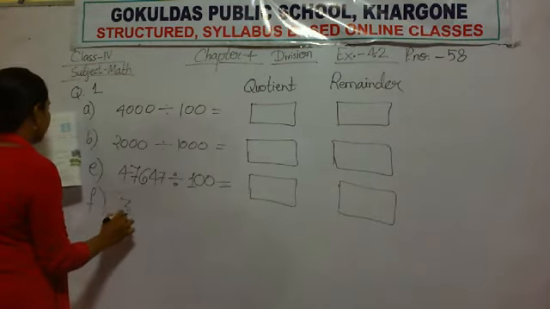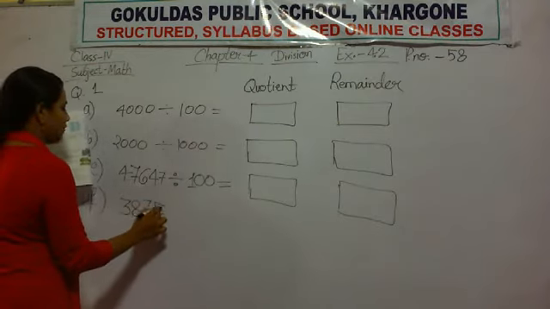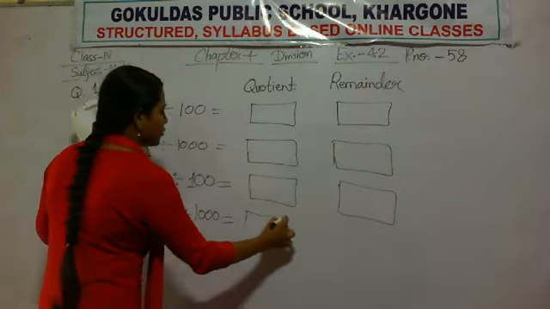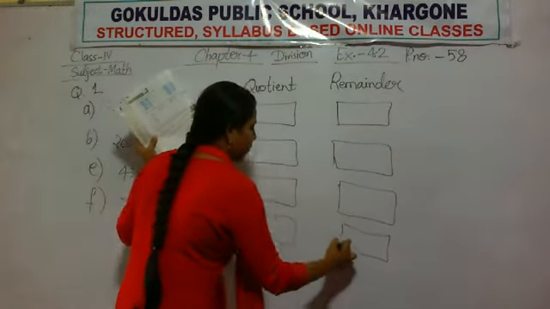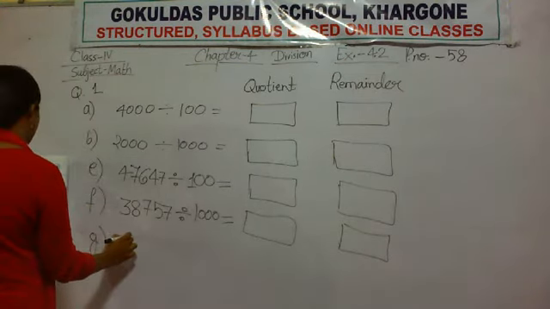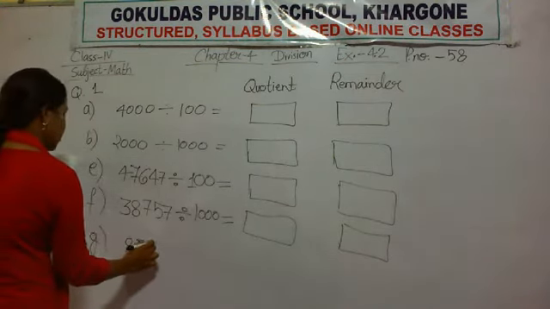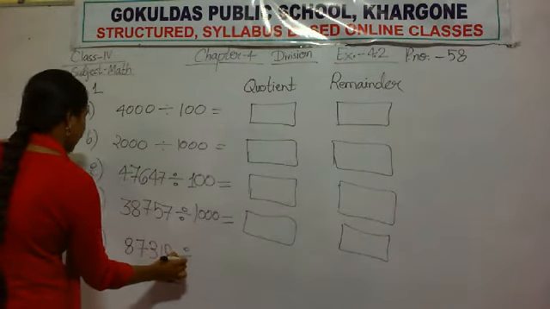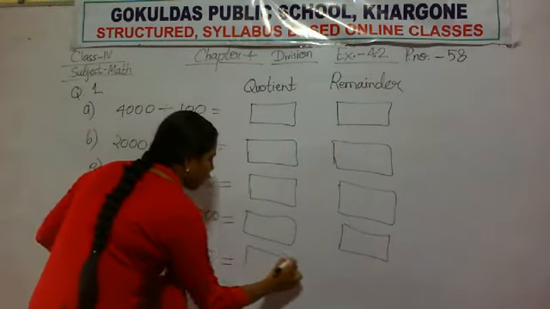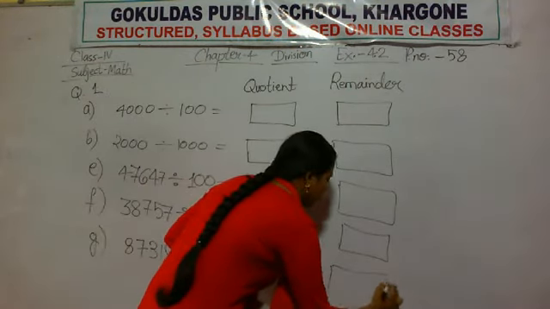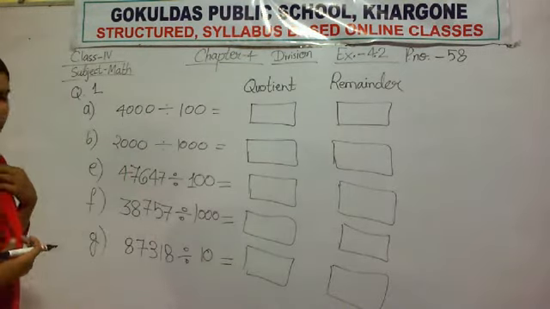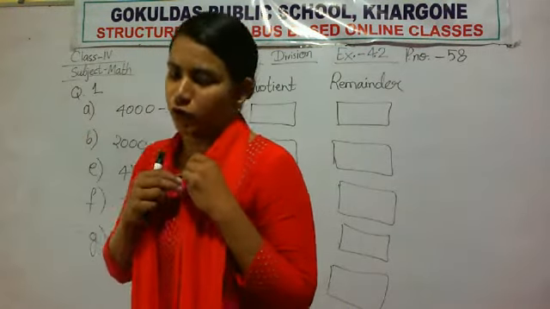F, 38757 divided by 1000 equals quotient and remainder, and one more I am taking, that is G, 87318 divided by 10 equals quotient and remainder column. Okay, so I am taking these examples for you. The remaining questions you have to do.